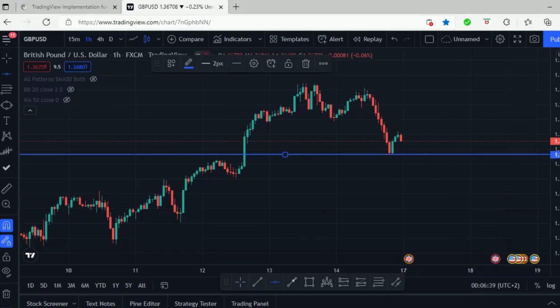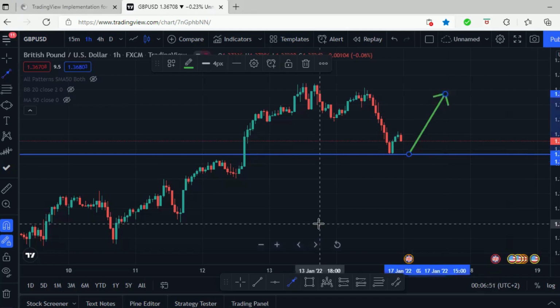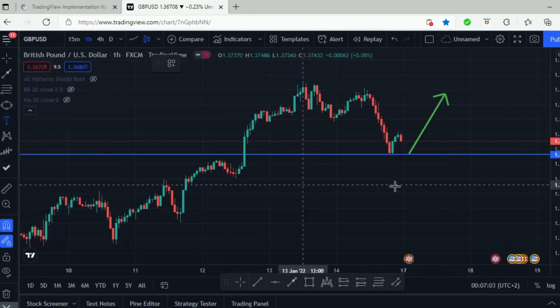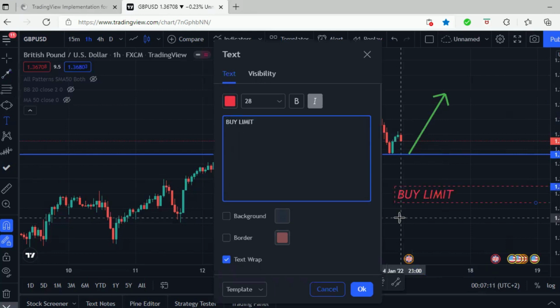So when price gets to 1.36528, it will trigger my what? My buy order. So obviously, buy limit, right?